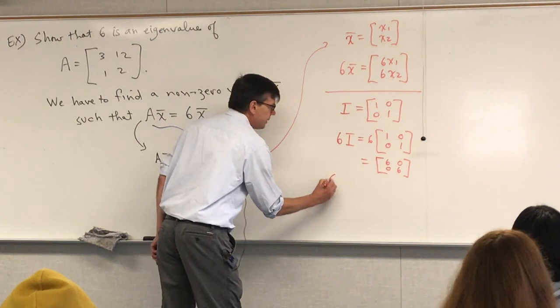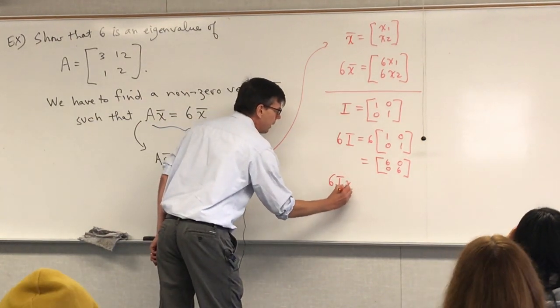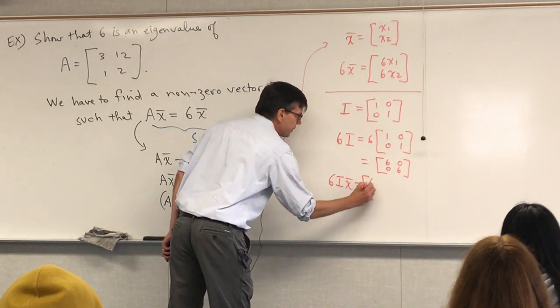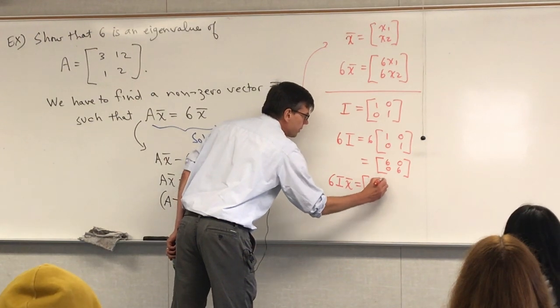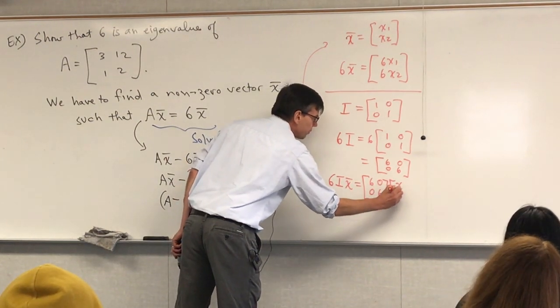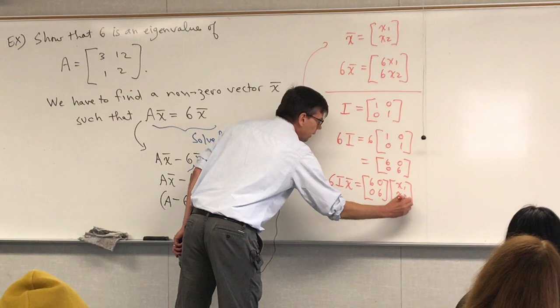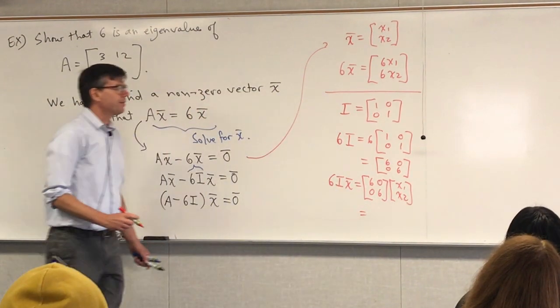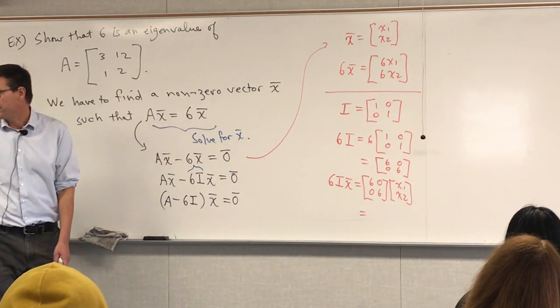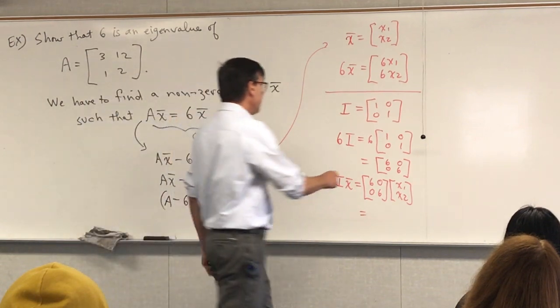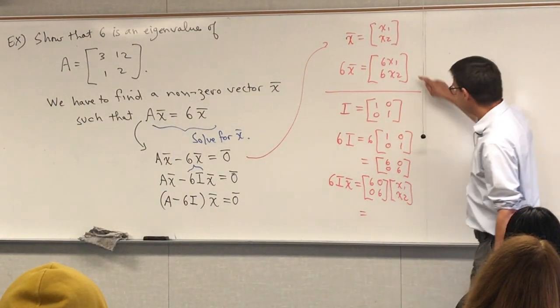So notice 6Ix, if I multiply [6, 0; 0, 6] times [x1, x2]. I just need to verify this myself. I wouldn't be convinced without writing it out. These two are going to be the same.